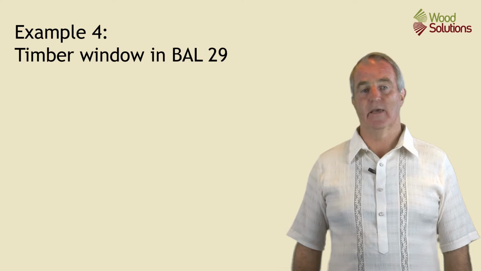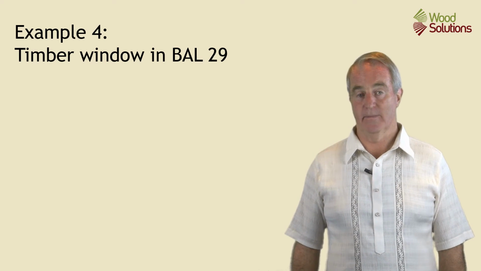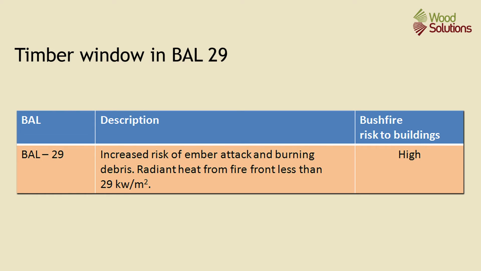The last example is for a timber window in a BAL 29 area. BAL 29 areas have an increased risk of ember attack and a high risk of building fires from bushfires. Naturally bushfire resisting timbers and fire retardant treated timbers are the only timbers to be used for exposed applications.